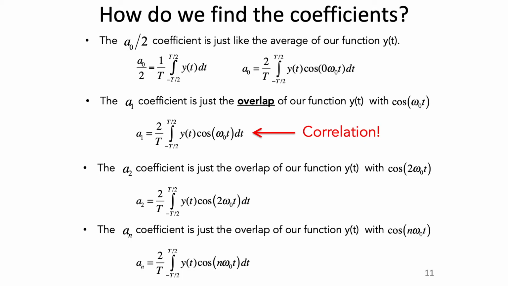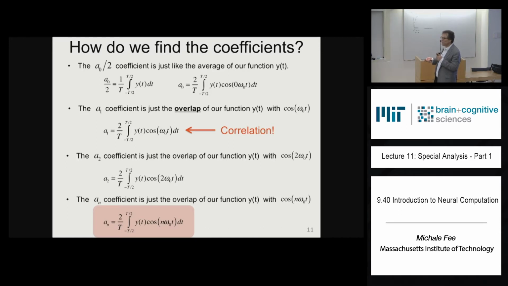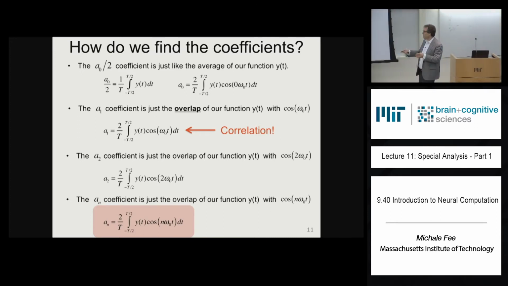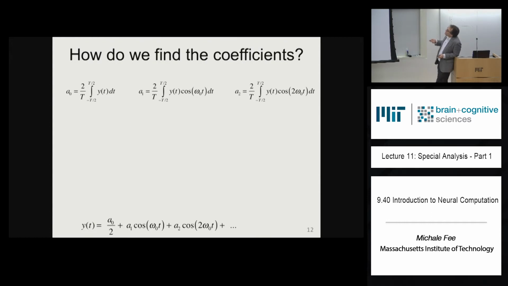It's just that in this case, it turns out to be the average of the function. Okay? Any questions about that? Okay, so that is, in general, how you calculate those coefficients. You would literally just take your function, multiply it by a cosine of some frequency, integrate it, and that's the answer. Okay? All right.